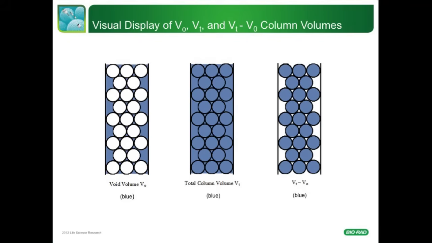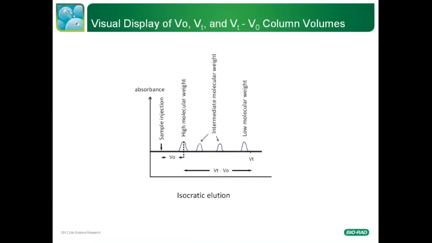In the next picture, the blue represents the volume inside the porous particles, and the picture in the center represents the total column volume, that of course is the volume on the outside and inside the particles. Also notice the definitions that these represent. On the right-hand side, the void volume is VO, the total column volume is represented by VT, and the stationary phase volume is represented by VT minus VO.